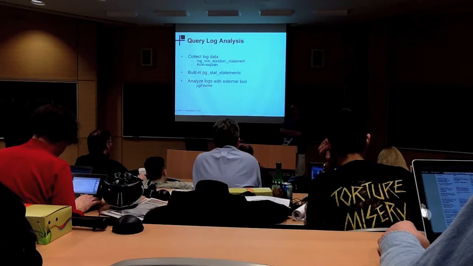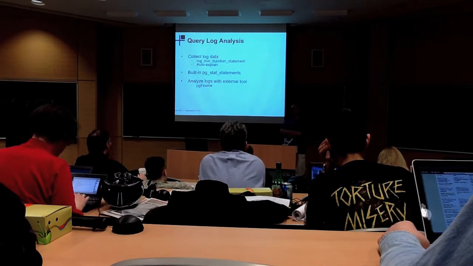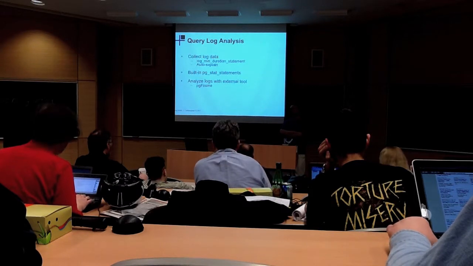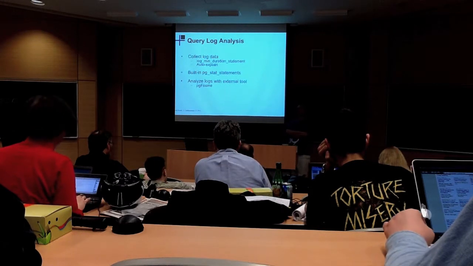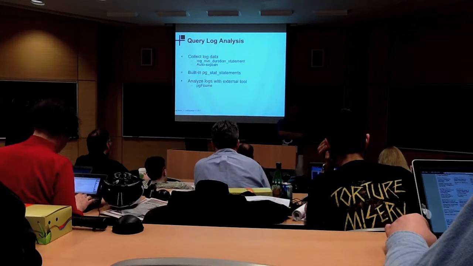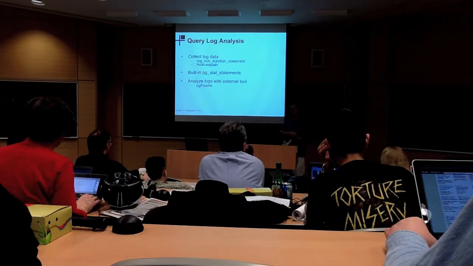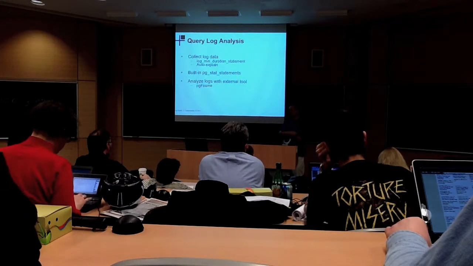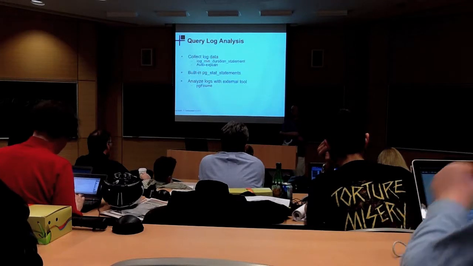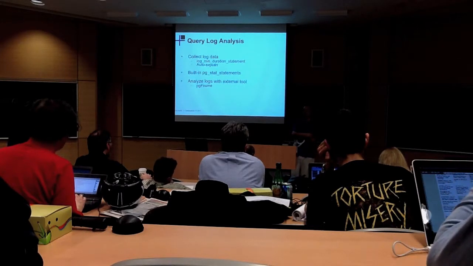Or you can use something built in starting in Postgres 8.4 called pg_stat_statements. With pg_stat_statements, you give it a block of memory and say, here, please record statistics about whatever you can fit into this block of memory I've given you. And then it does a best effort to keep the most popular things that happen in that block of memory.